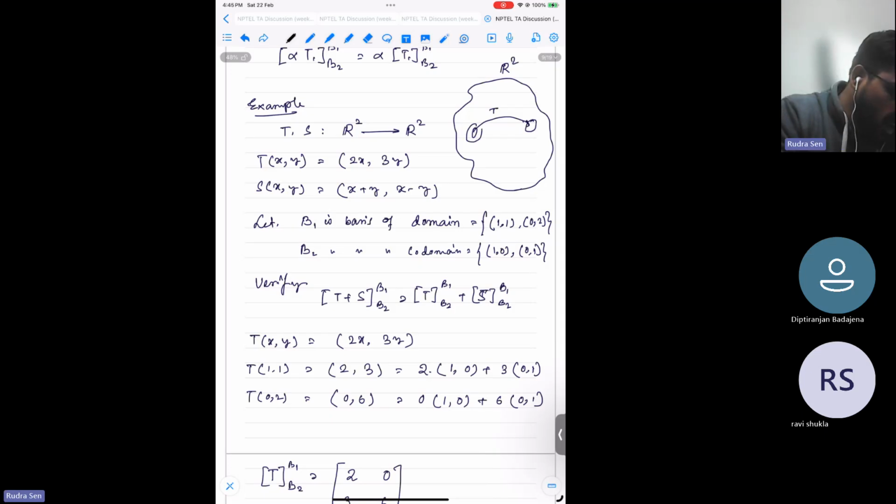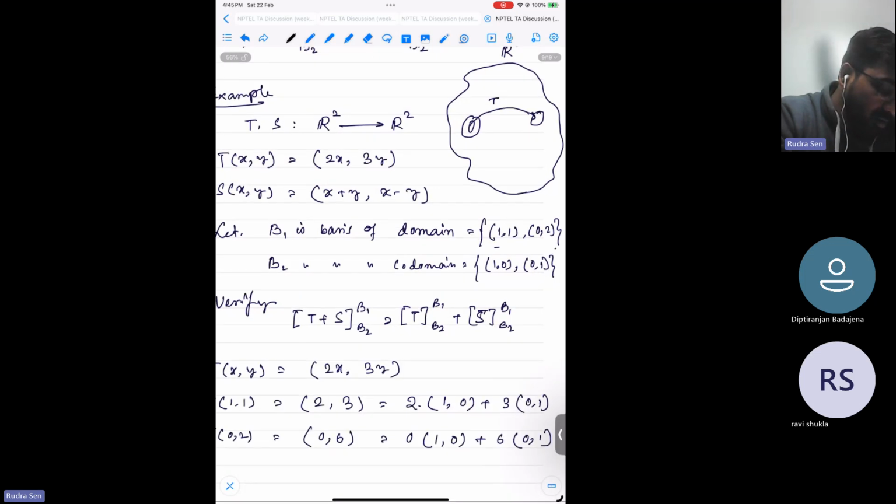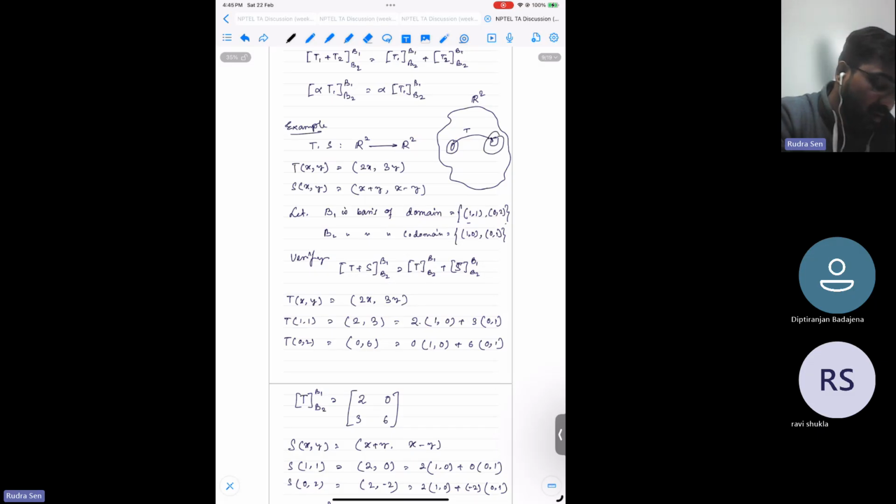When I'm talking about the domain, consider this as a basis, and the codomain space is also a subspace of R2. The domain space is a subspace of R2, and the codomain space is also a subspace of R2.